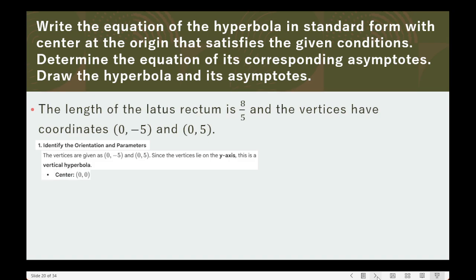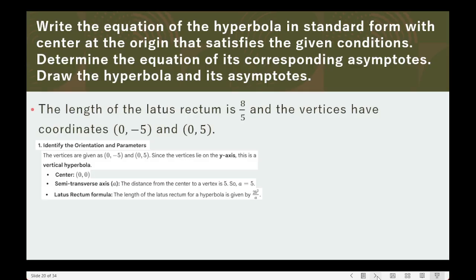So the center is at the origin. Then the semi-transverse axis, denoted by a. The distance from the center to a vertex is 5. So it follows that a equals 5. Then the latus rectum formula: the length of the latus rectum for a hyperbola is given by 2b squared over a.